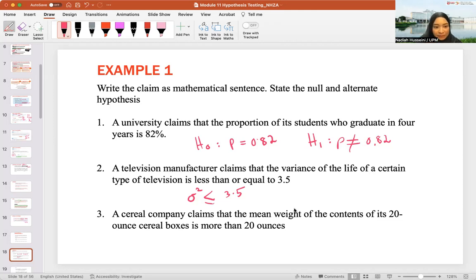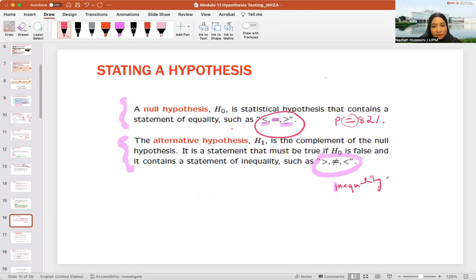Okay, again, let's go back to the way. If I have any equality sign, it will become the null, even though I said that the null is going to be the opposite of what we want to support. But this comes first. If you do not have this, then you fall back to the null hypothesis being something that is opposite of what you want to support.